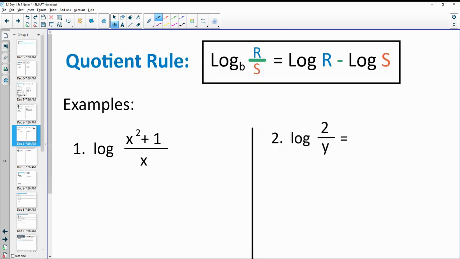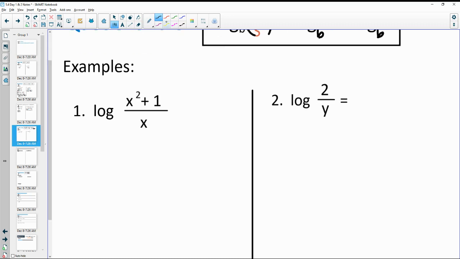Next rule is the quotient rule. So if we see a division within this logarithm, then we can separate it. And these should actually have b's on them right here. So it should separate to log base b of r, so the top number, minus log base b of s, the bottom number. So anything that's on the top, and then minus what's on the bottom.